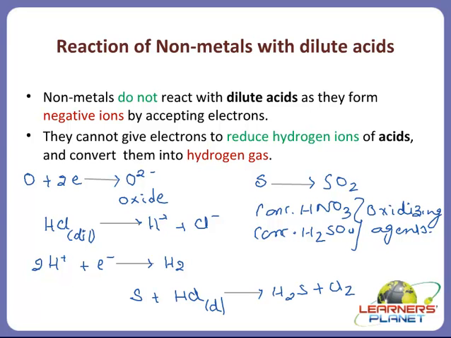So this reaction is totally wrong, children. Sulfur plus HCl dilute, there will be no reaction. Right? So you must remember this point so that whenever you are solving some objective type of questions, you can mark it as no reaction.